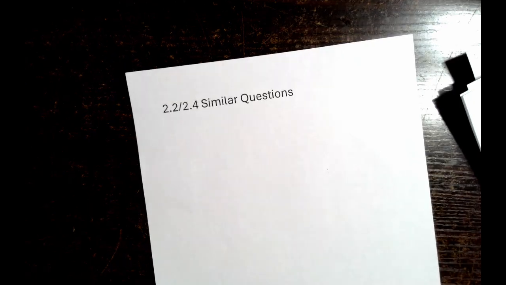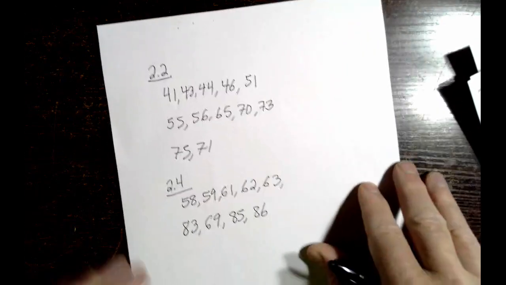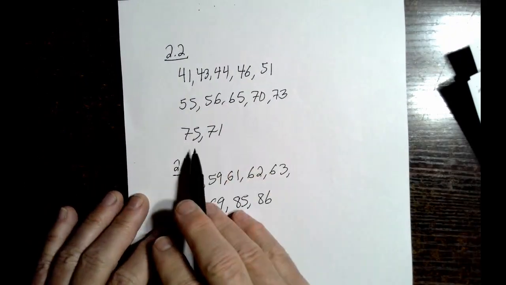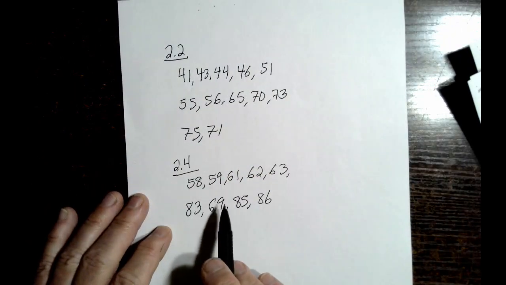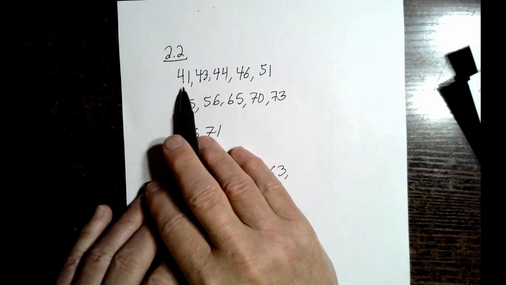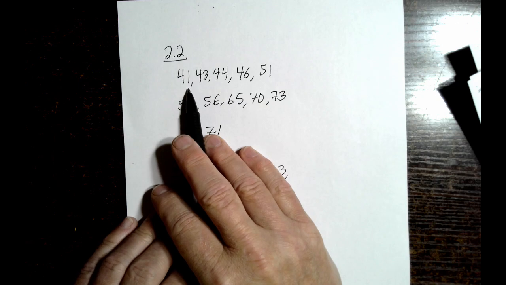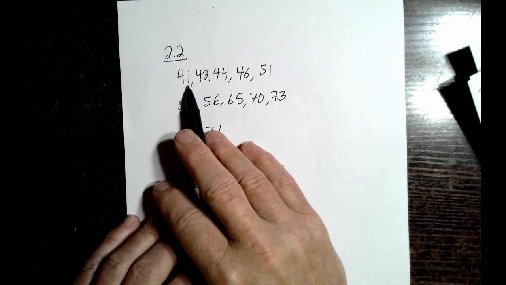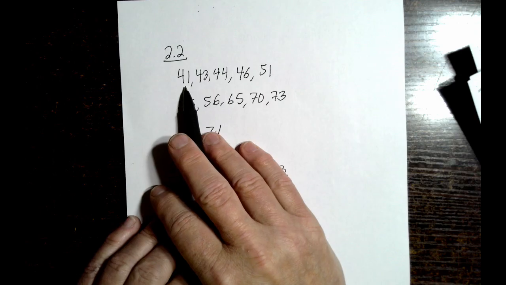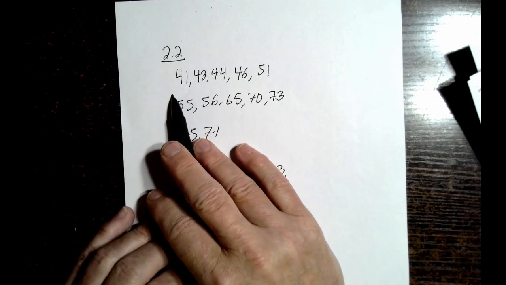Okay, so if you look at my notes, I list these problems. And these problems are in the exact same order you're going to see the problems on your homework assignment. So what you want to do is follow along with your video and watch how I do question 41, and then pause it. And then go on another device, pull up your 2.2, 2.4 homework assignment, and answer the first question.